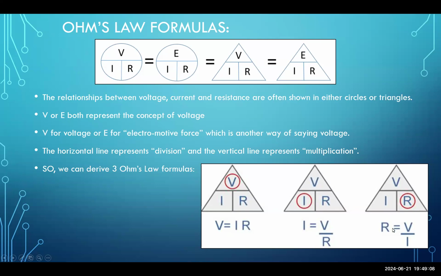So the formula is R is equal to V divided by I. So from one simple circular or triangular illustration with an explanation of the horizontal line and the vertical line, you can discern a mathematical formula as long as you know 2 out of the 3 quantities.